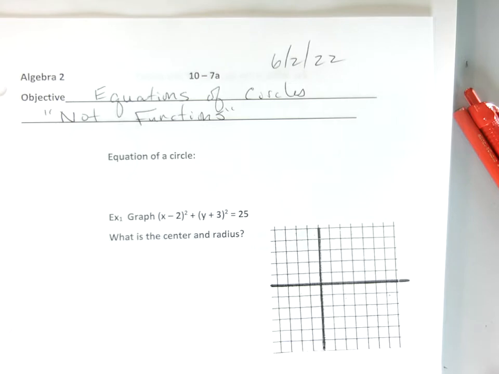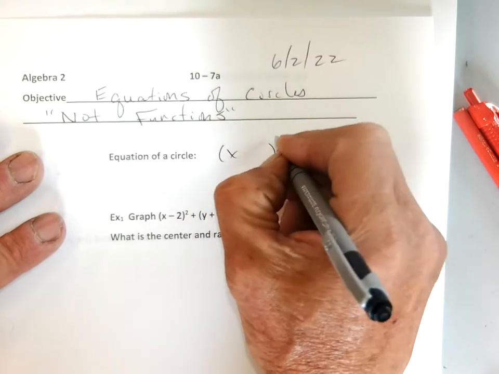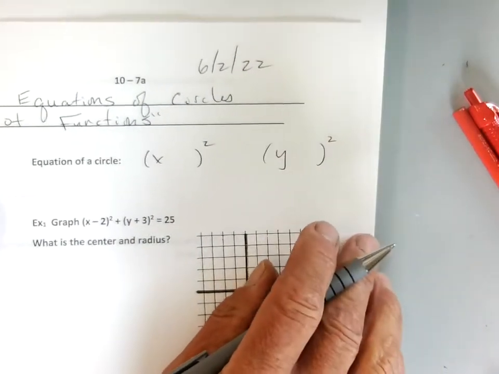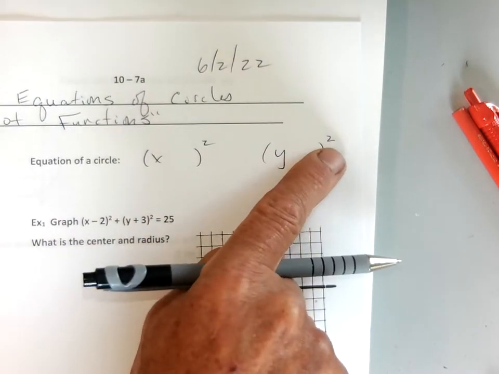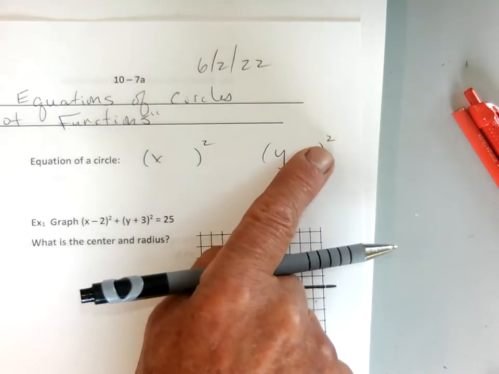And so on the equation, you get an x and a y squared. With a y squared, you'd have to have two answers, plus or minus, and that's just not going to work.